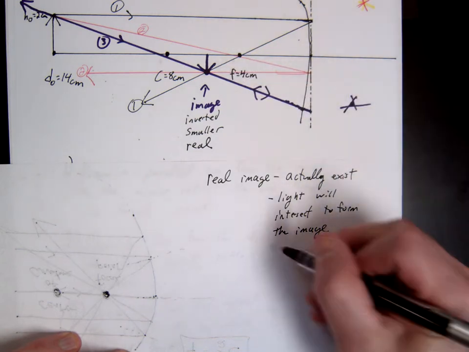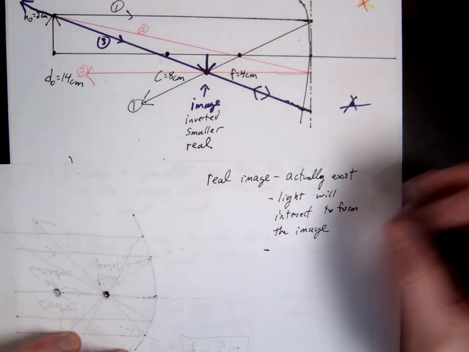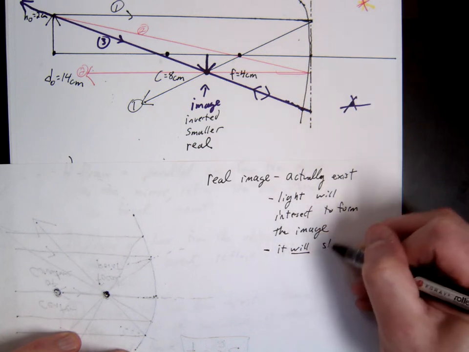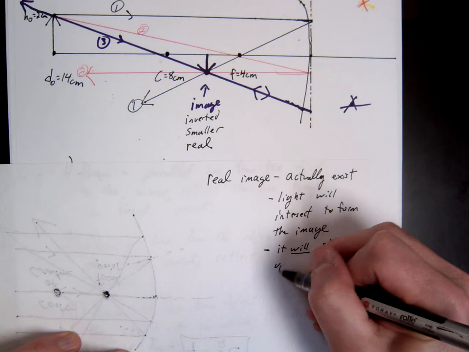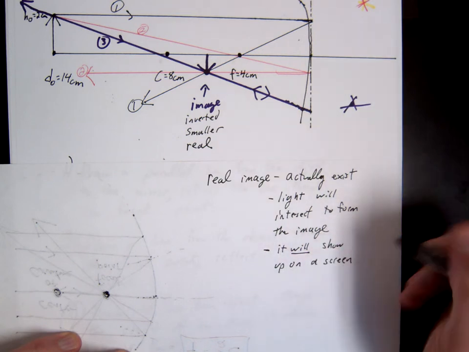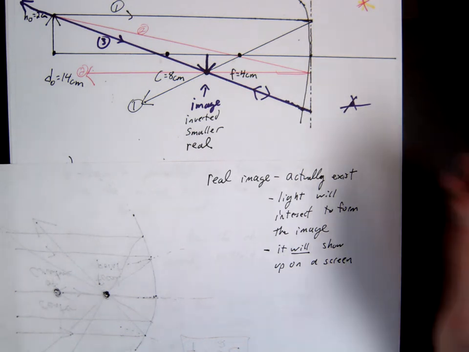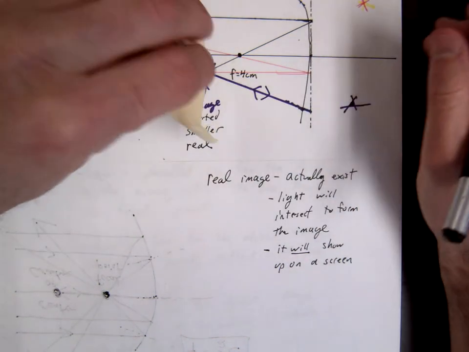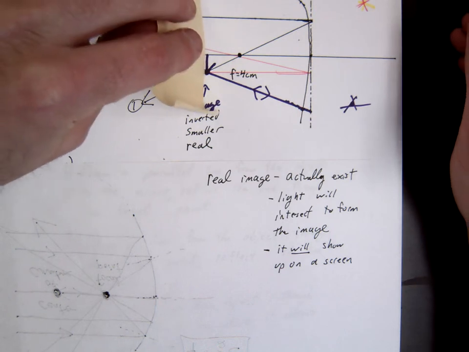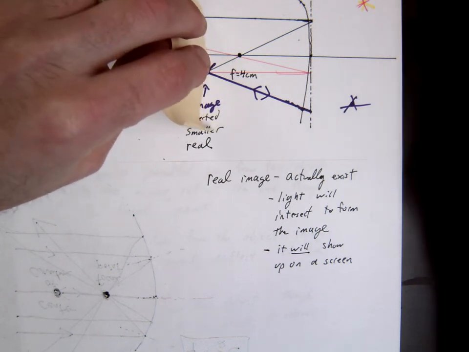And then the basic rule of thumb is it will show up on a screen. So if I were to put a little piece of paper here, which you're going to do when you do a lab, you're going to see the image show up on the screen.